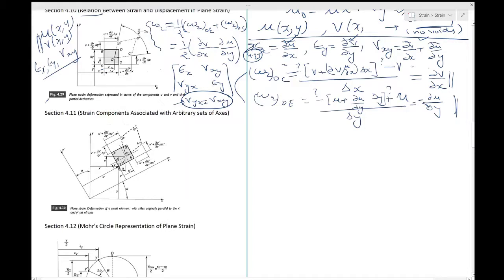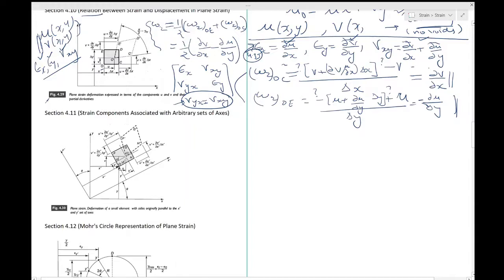And the idea is that the strains now cannot be arbitrarily varying in the field of a non-uniform strain.